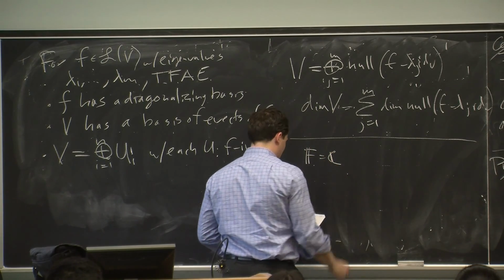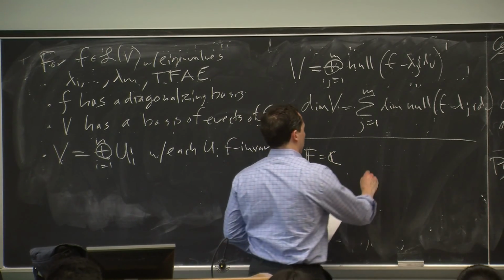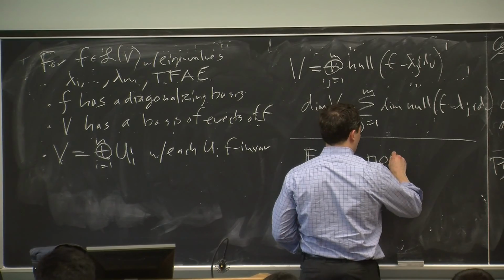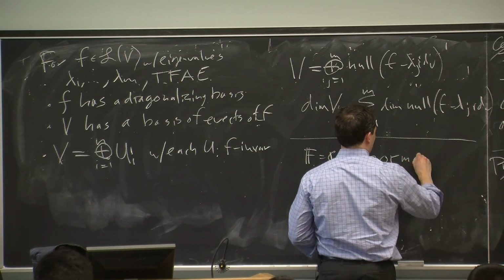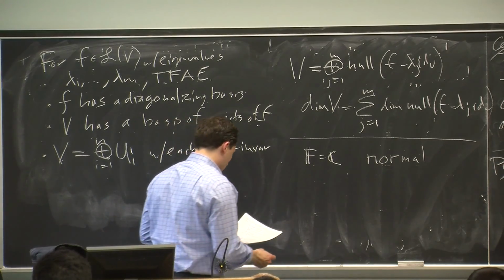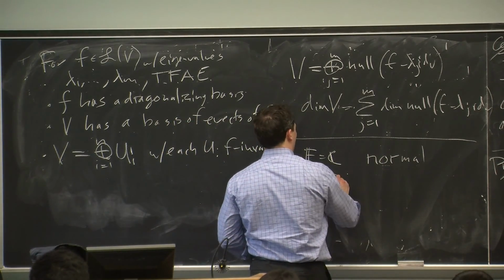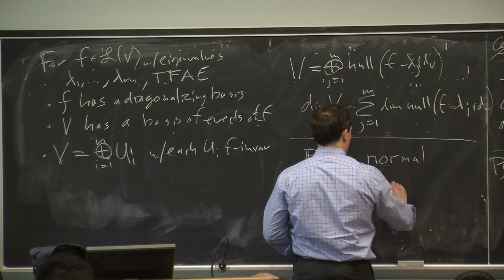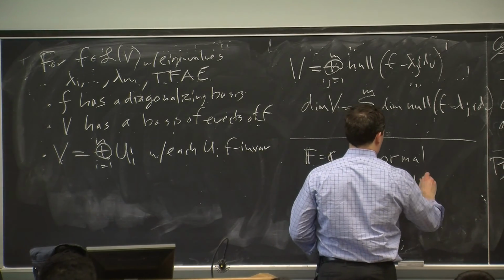So over the complex numbers, the operators that have an orthonormal diagonalizing basis are the normal operators, which is why we're so interested in them. And over R, they're just the self-adjoint operators.